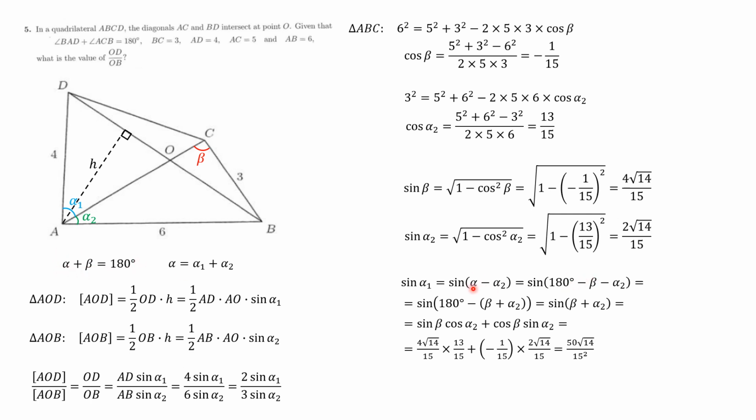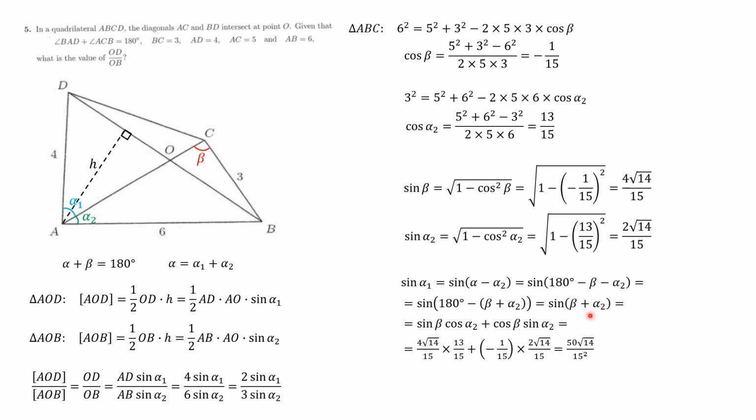So I can write alpha as 180 minus beta, and minus alpha 2. Now I can rewrite this as the sine of 180 minus the sum of beta and alpha 2. And the sine of 180 minus any angle is equal to the sine of that angle, we know that. So this is just sine of beta plus alpha 2.